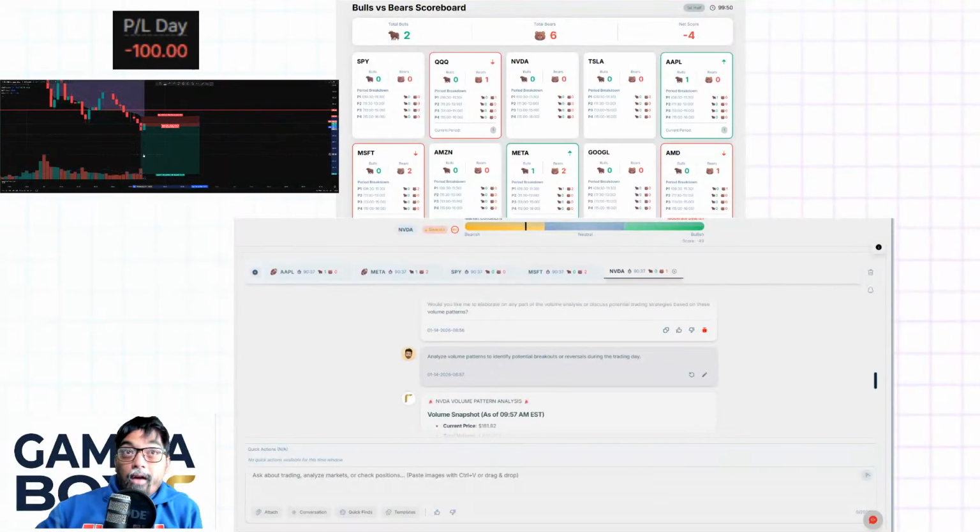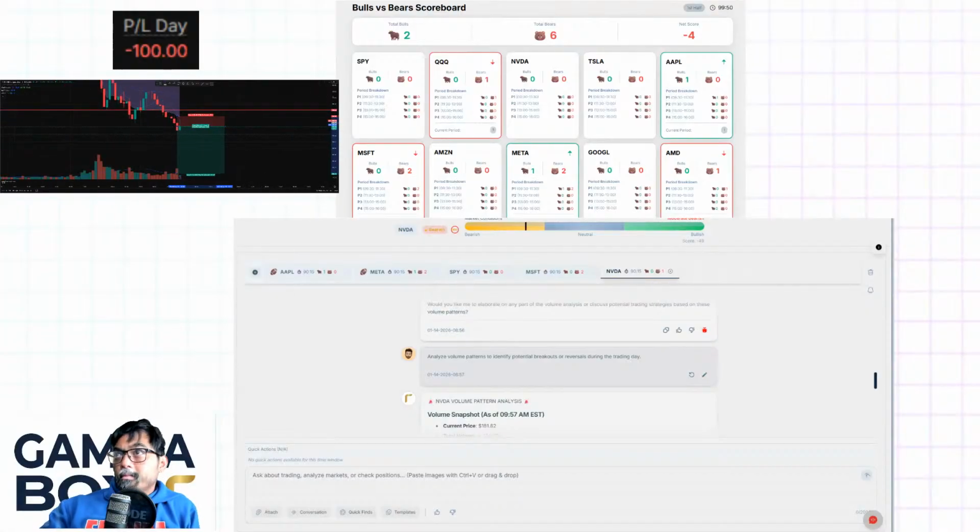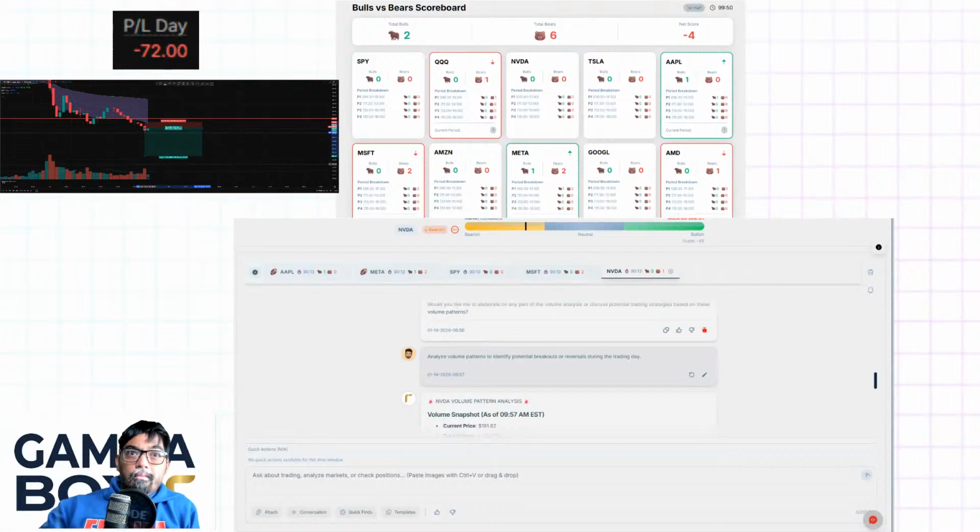But I should have waited probably for this candlestick here. This just looks like an institutional sell-off. Yeah, it's a shakeout. There it goes.